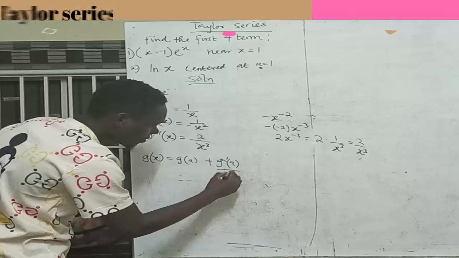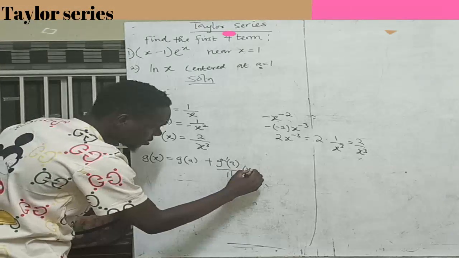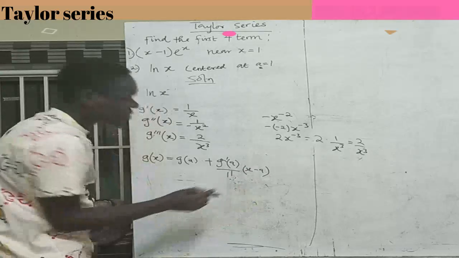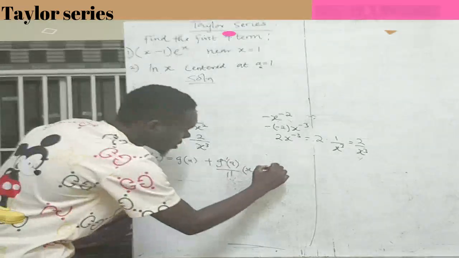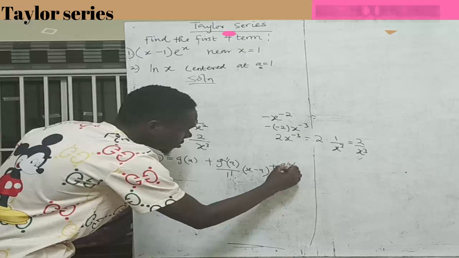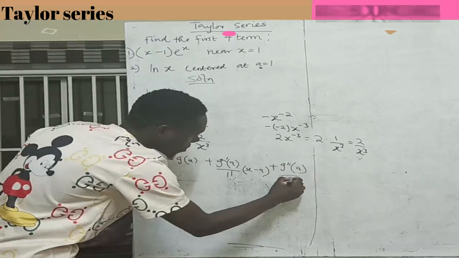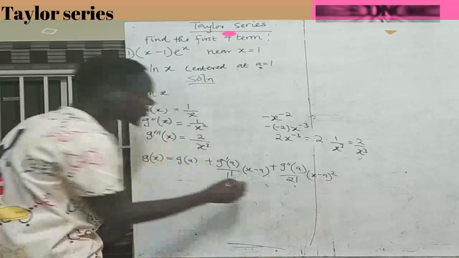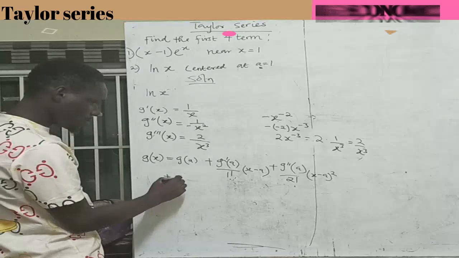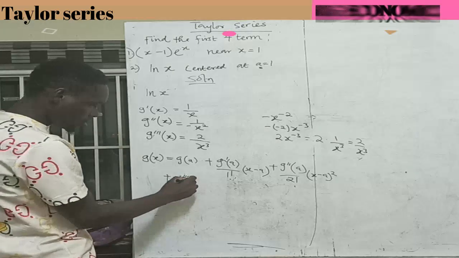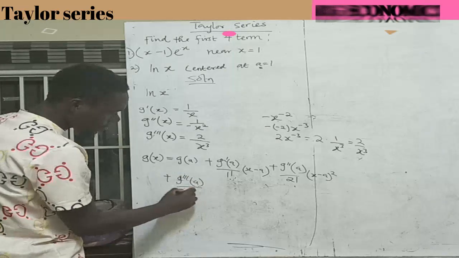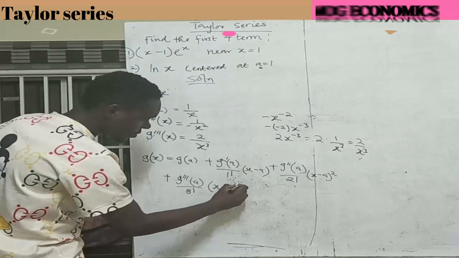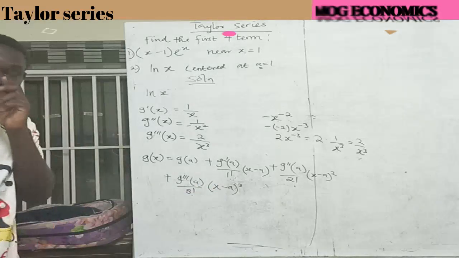Here we have a, then second order, this will be raised to the power of 2. Then third, and this will be raised to the power of 3.